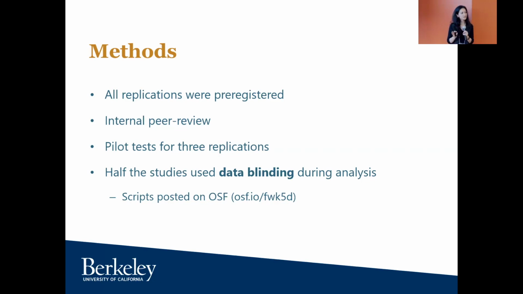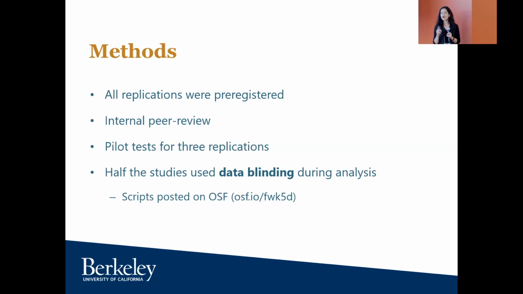If that's new to you, I'll briefly explain what that is. This is a technique that's used often in physics, cosmology or particle physics, where once you have the data, when you're writing the analysis, you essentially blind yourself to the results so that you can write the analysis without your biases polluting any decisions you might take during the analysis.